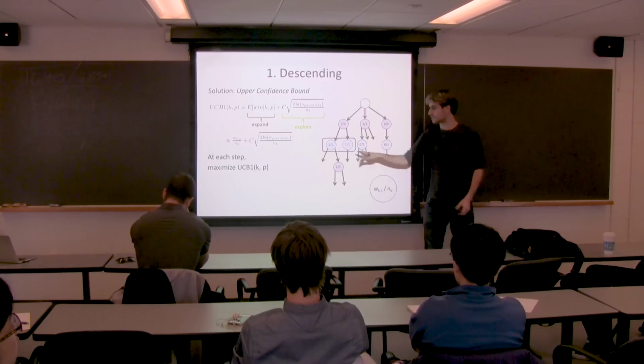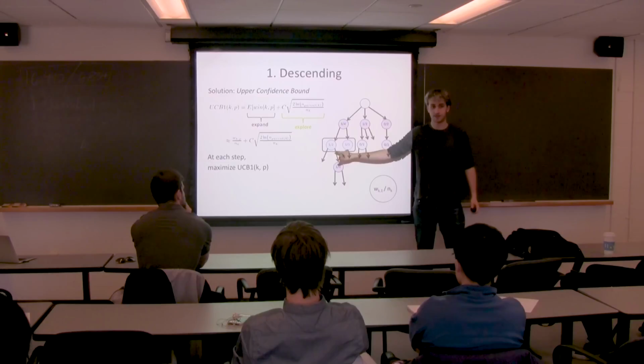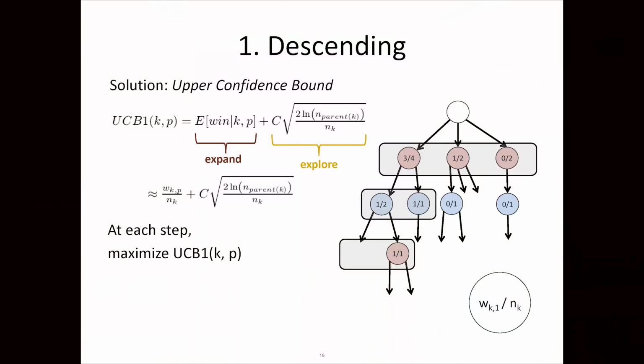And now when it looks down, it's going to compare between these 2. And this time, remember that this is our opponent, right? And so our opponent wants to minimize the number of wins that we have, which means that our opponent is going to want to pick the one that we're less likely to win in, and they're more likely to win in. This is the idea of minimax.